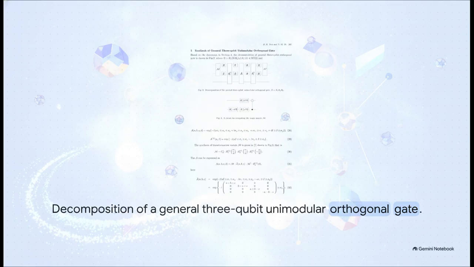Specifically, we're talking about combinations of CNOTs and elementary single-qubit rotations, like RY and RZ. When you divide these operations down into smaller subcircuits, theoretical physics has to step in and set some strict boundaries. For instance, researchers found that a general 3-qubit unimodular orthogonal gate can be synthesized using a strict maximum of 16 CNOT gates in the worst-case scenario. Why do these hard mathematical limits actually matter?